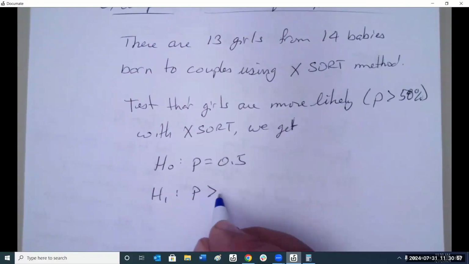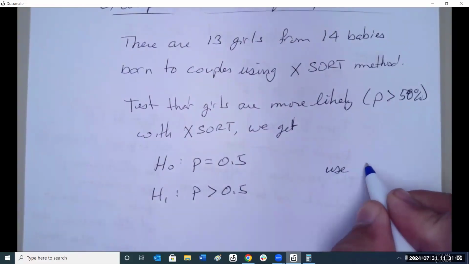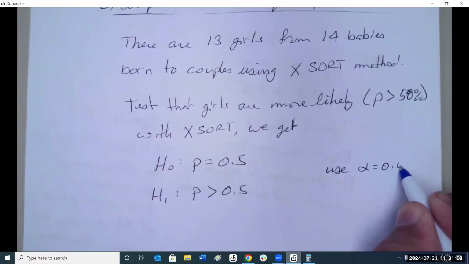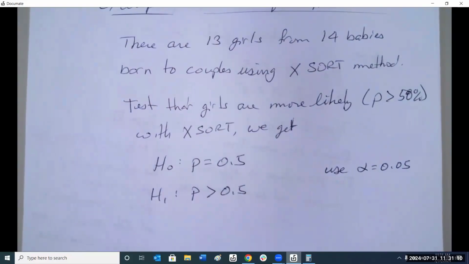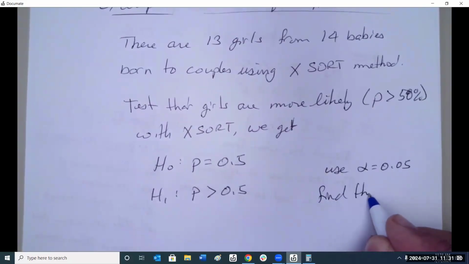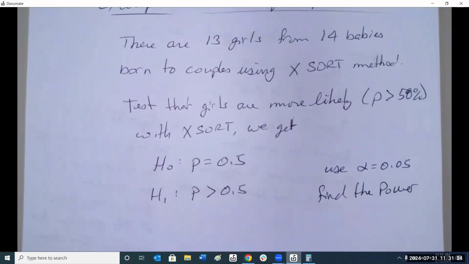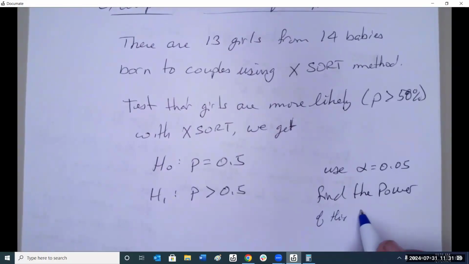So that means theirs is going to be bigger than 0.5. Using alpha equals 0.05, find the power of this hypothesis.